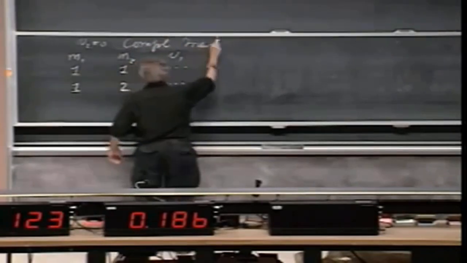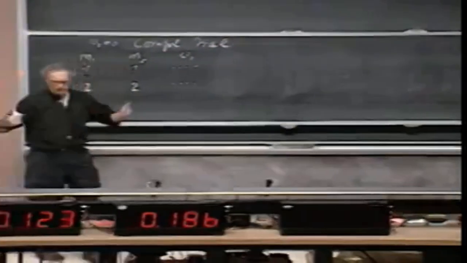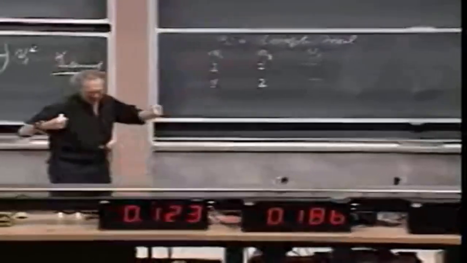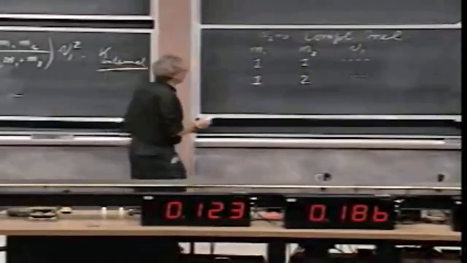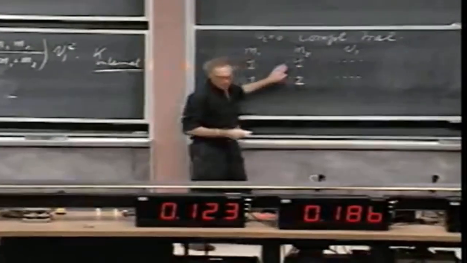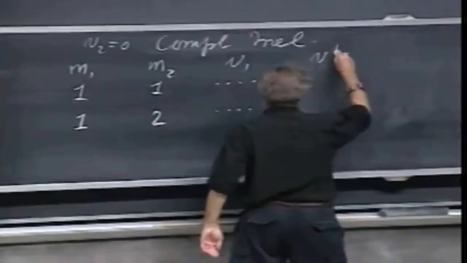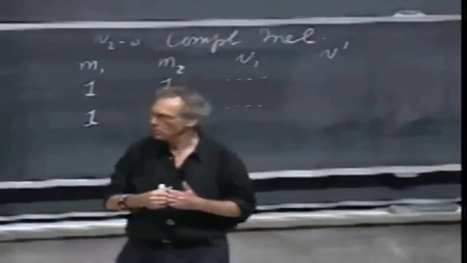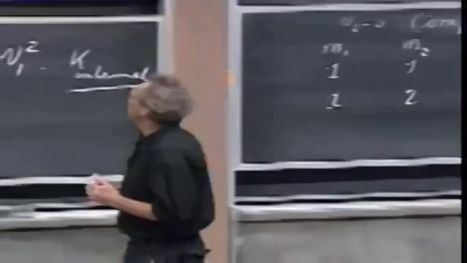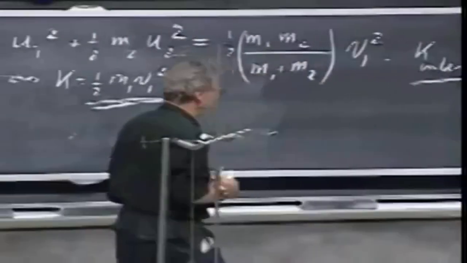So they hit each other and they get stuck. I get a certain velocity which I put into the first car. It hits the second car and it gets stuck. And I see there what my V prime is.